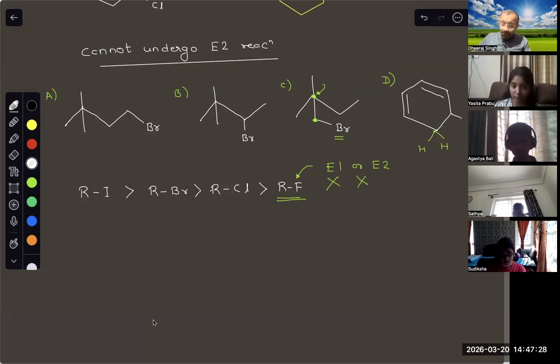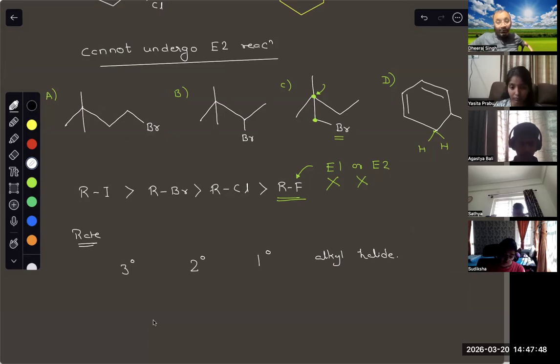Okay. Now let's talk about rate in terms of 3 degree, 2 degree, 1 degree alkyl halides. For elimination E2, which one will have the highest rate?